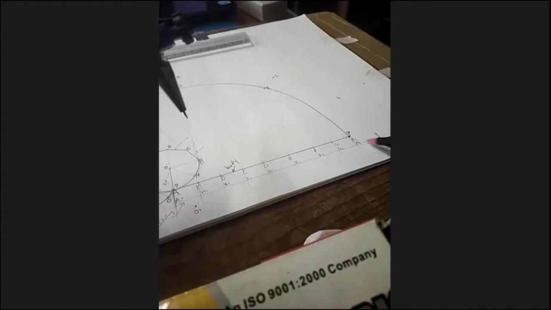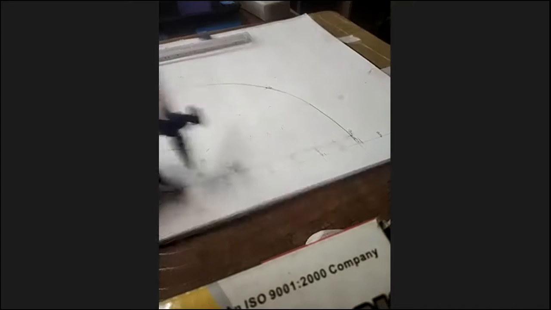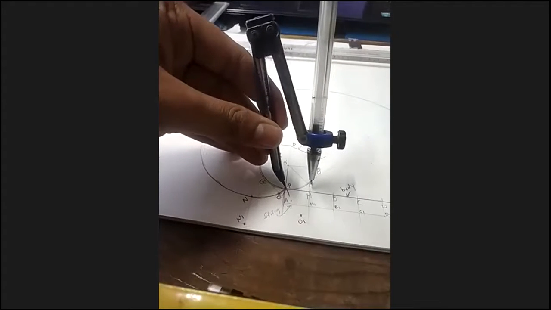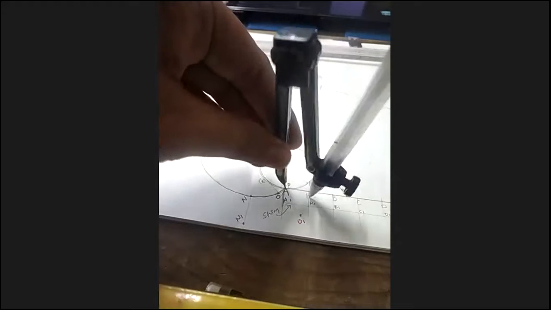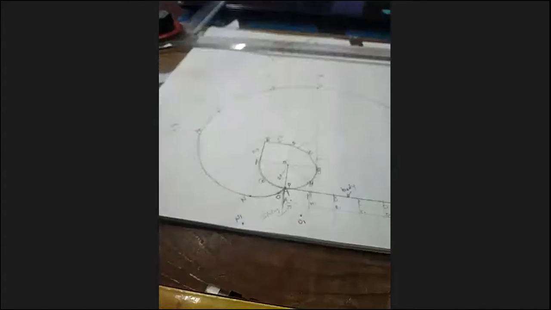Now in the last point, I'm having this extended after A. Also I am having this distance A1 P1, so I will measure that distance. I'll put that here and I will mark it like this. Fine.